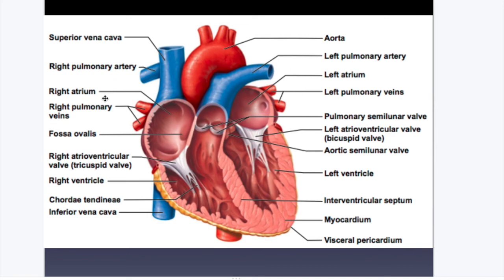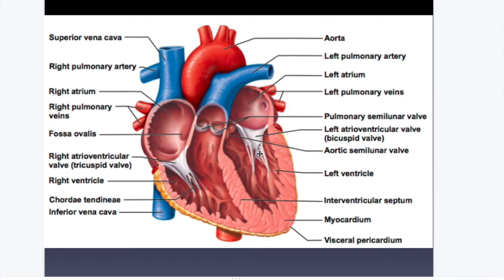And they're coming behind these blood vessels here, so we can't really see them, but they would be emptying into this chamber right here. And then also from the left lung, which would be over here, in through these 2 left pulmonary veins. So you have 2 right pulmonary veins and 2 left pulmonary veins. You can see through those 2 holes there, they would empty blood into the left atrium.